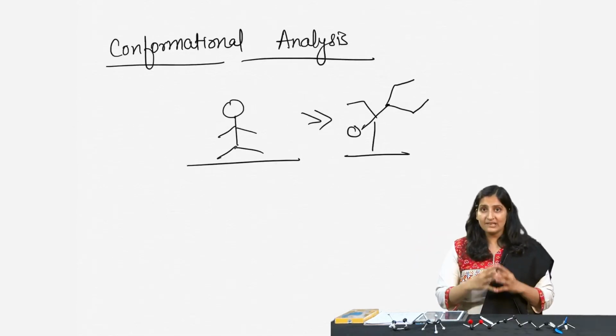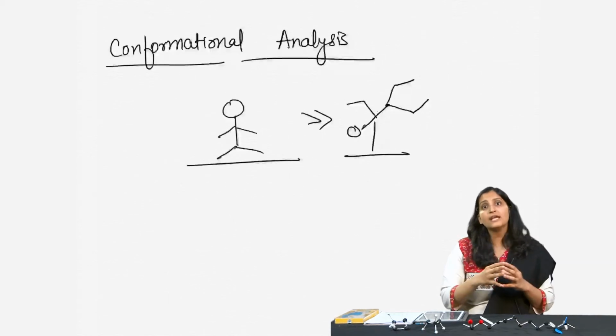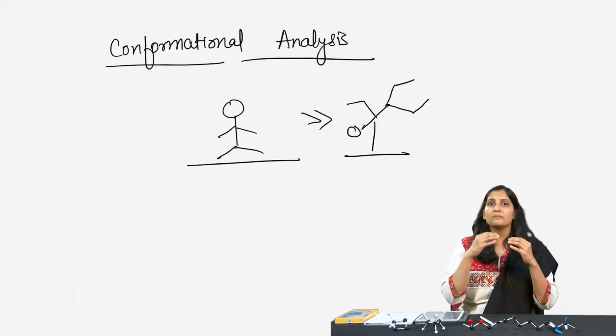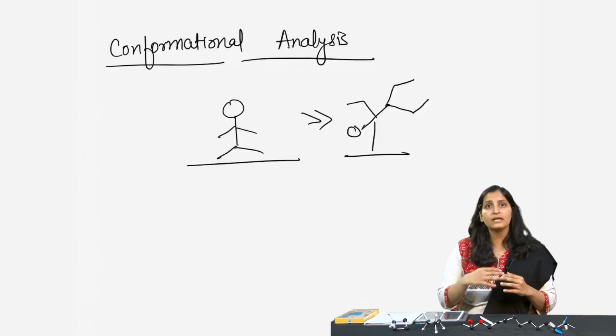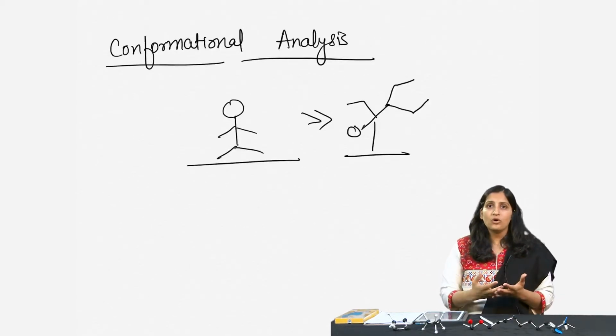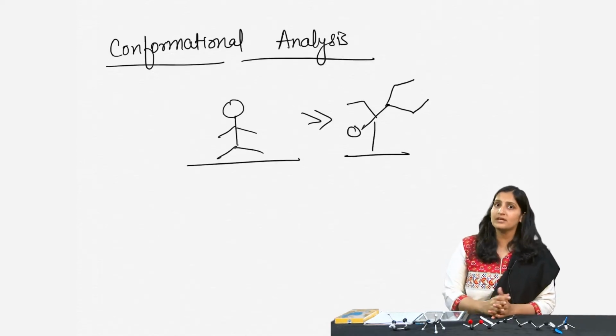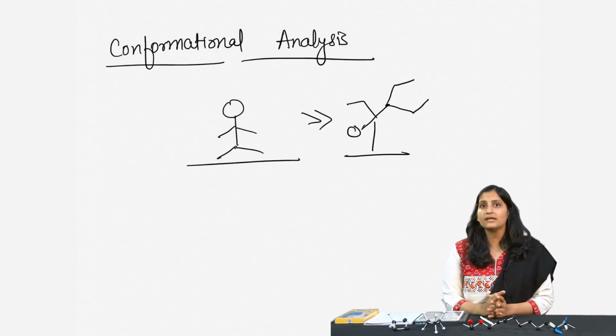So, if I just calculate for ethane, which has an energy barrier of 3 kilocalories per mole going from eclipsed to staggered and staggered to eclipsed, and you also have room temperature to be around 25 degrees centigrade, which corresponds to 298 Kelvin.